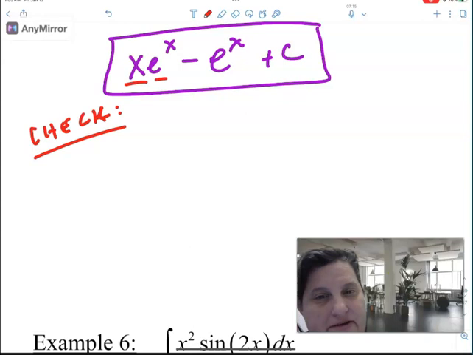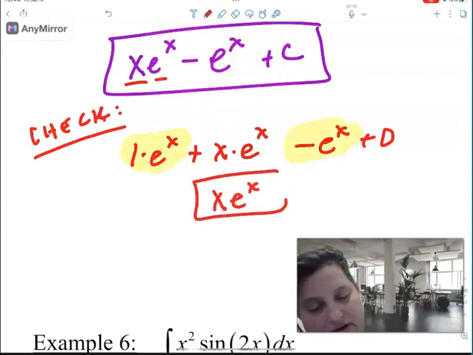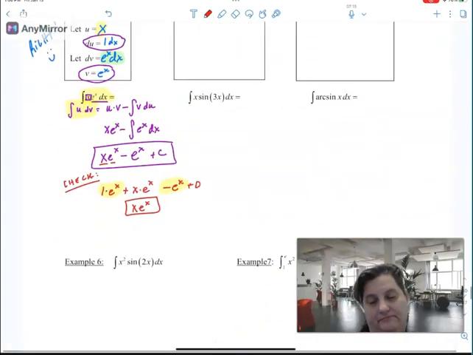If I was doing a derivative of this, I'd have to do a product rule: derivative of the first times the second, plus first times derivative of the second. The derivative of e to the x is e to the x, and the derivative of a constant is 0. Notice what happens: e to the x minus e to the x cancel out, and I'm just left with x e to the x. So it simplifies back up to what my original problem was. We're not going to check every time, but that's kind of cool.